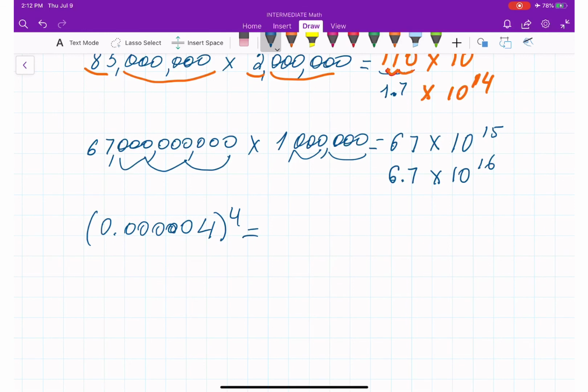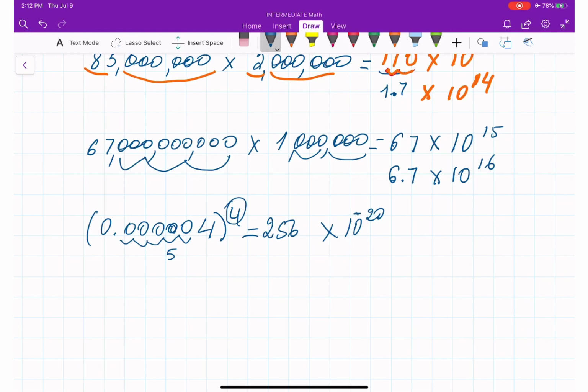What's going to happen? 4 to the power 4 is 256, right? Times, how many do I have here? 1, 2, 3, 4, 5. 5 digits, right? 5 times 4, it's going to be 10 to the power 20. Negative 20, because I have to go backward, right?